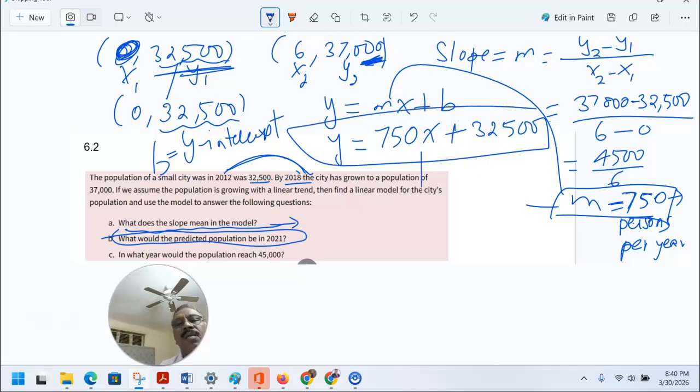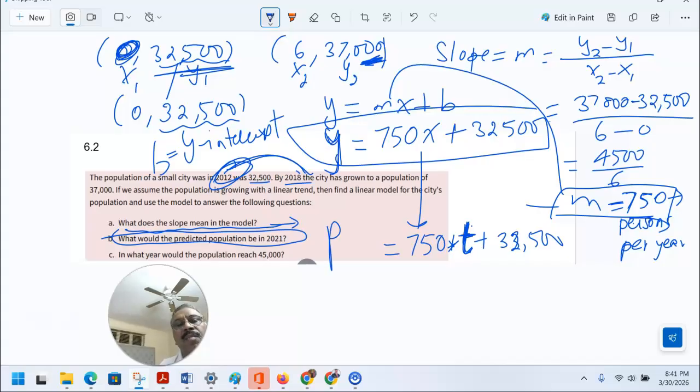And sometimes they also use, instead of x, 750 times t. T means how many years have passed since 2012, right? So you can use the variable t instead of x, and instead of y, you can use function notation, P. P, population, depends on t, and you use parentheses to show input.